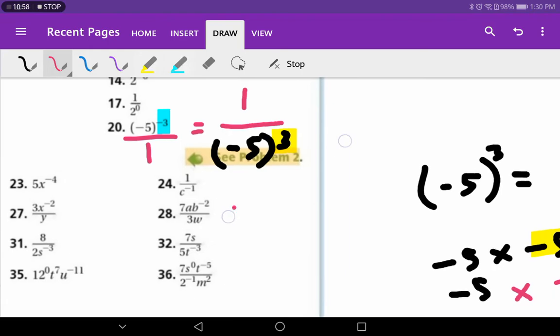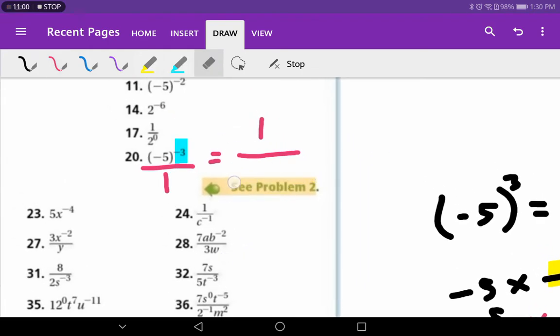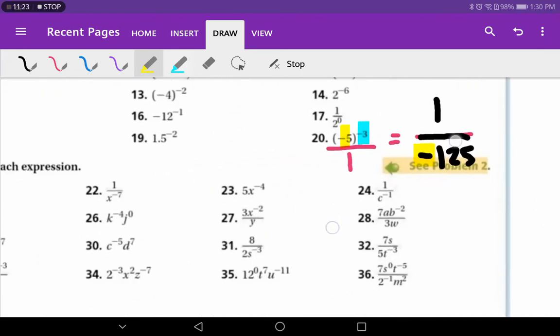Now come here and change this to negative 125. Okay, so you can do it mentally, by the way. So if the power is odd, 1, 3, 5, 7, and the base here is negative, the answer must be negative. Okay, my dear student?